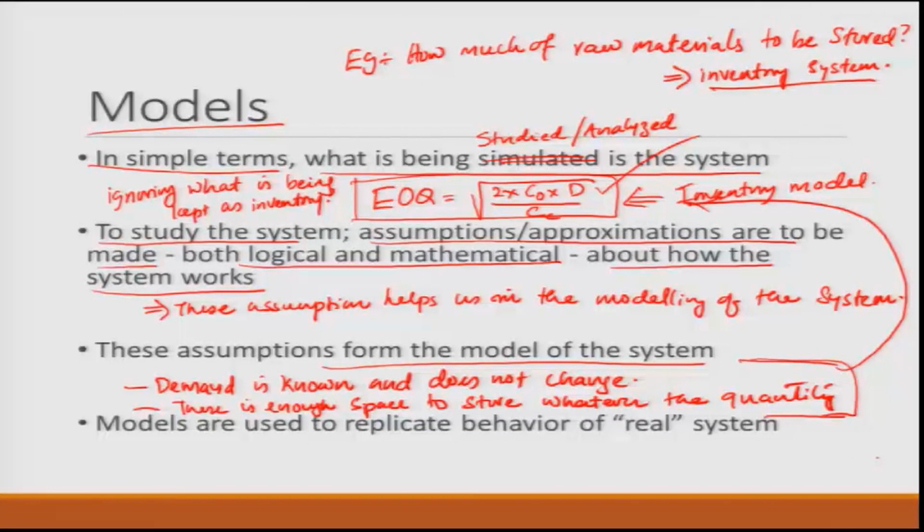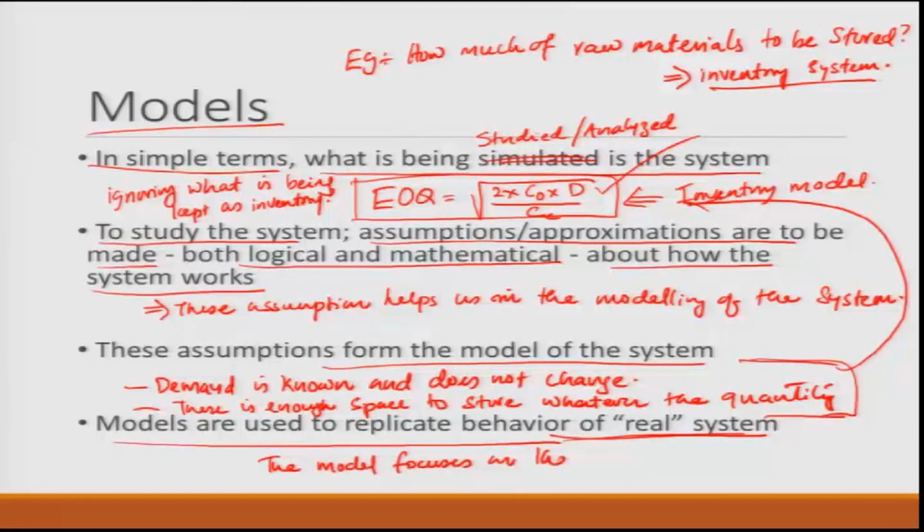Okay. And why do we use models? Because we can use models to replicate the behavior of the real life system. So, in an inventory, the model focuses on the quantity to be ordered, okay, which is the Q, and when to order, which is the time.